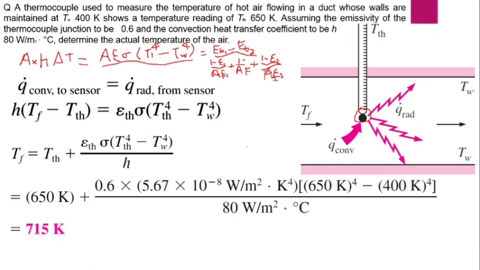So from this formula we can find out that area of wall is much higher than surface area of thermocouple. As you can see here, thermocouple is like a dot in front of this big pipe, right? So this A2 will be much higher than this A1.